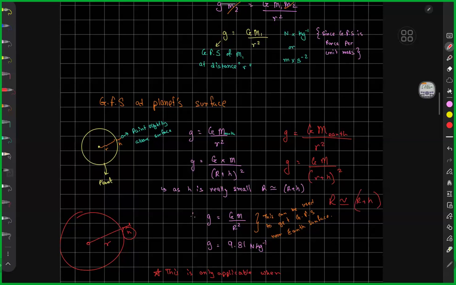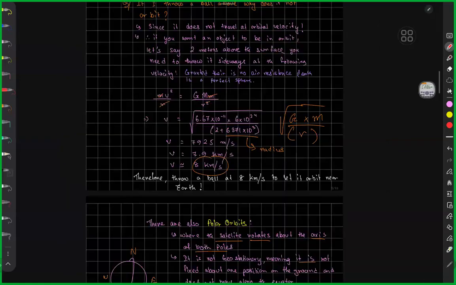Is it accurate? Obviously not. But this approximation works. Because remember, as with the point mass approximation we discussed last class, since the deviation is so small as compared to the distances we're talking about, it does not matter. The height, this small height we're talking about, let's say 2 meters away, doesn't matter. Let me give you another example.